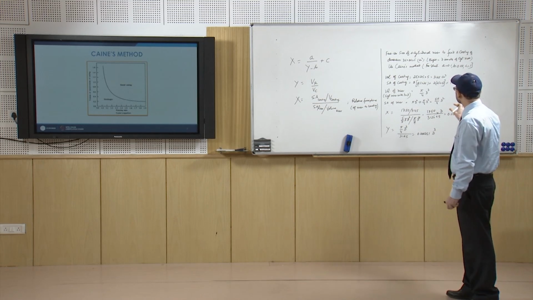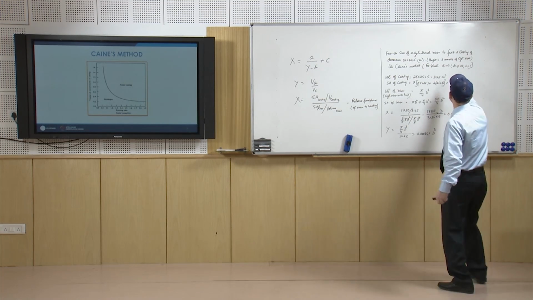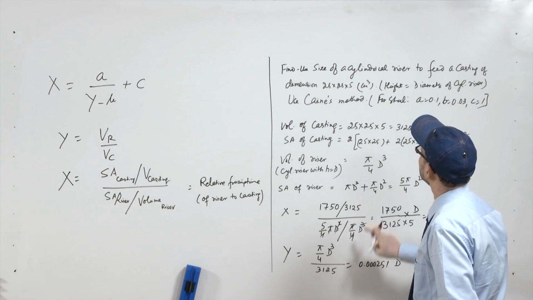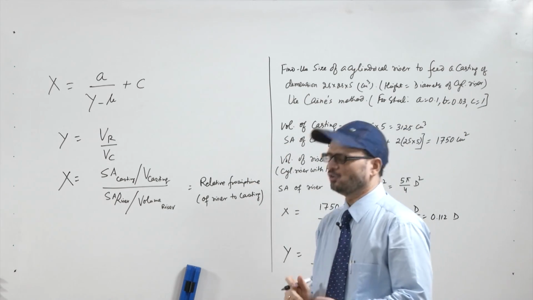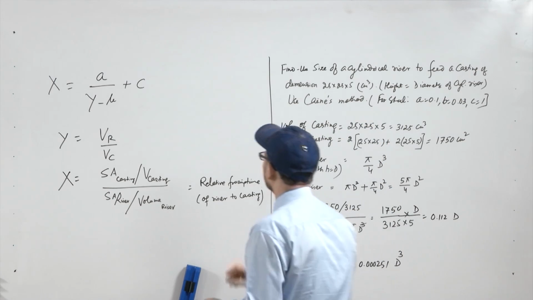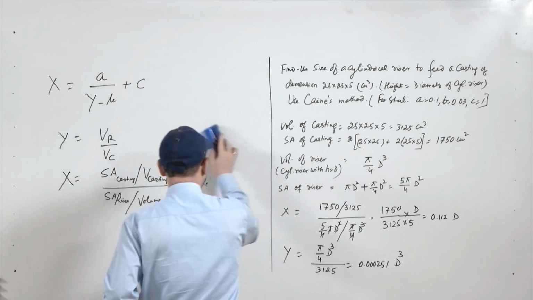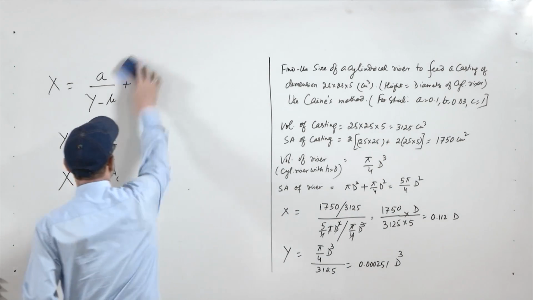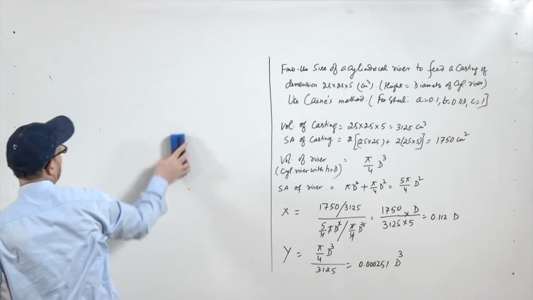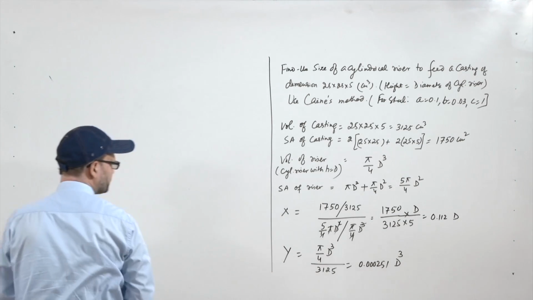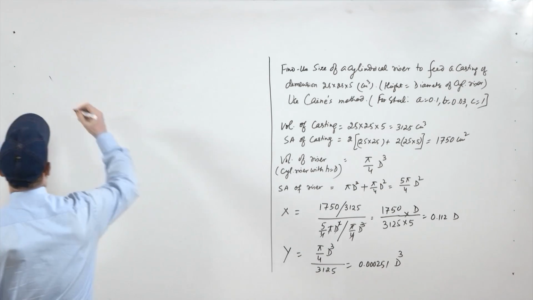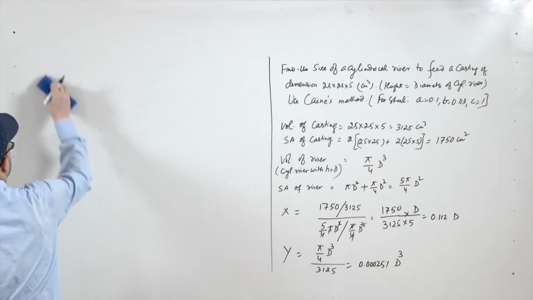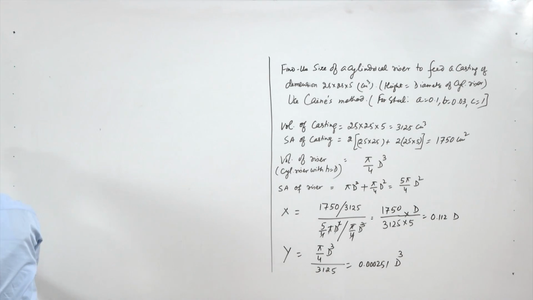Now, we have to substitute these coefficients as well as this value in that equation, and then we can get the value of d. So, if we substitute these values, what we see is x is 0.112 d. So, we have x equal to a by y minus b plus c.